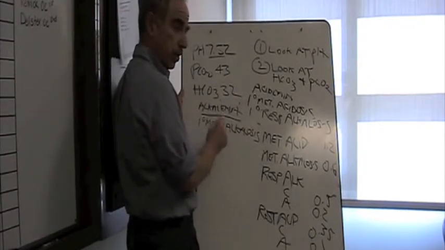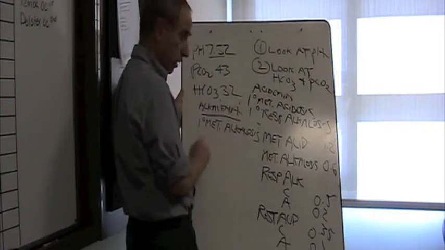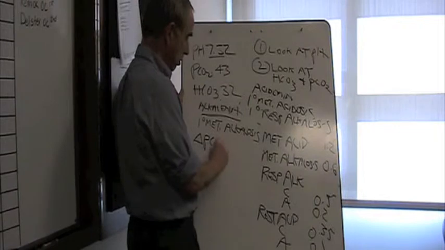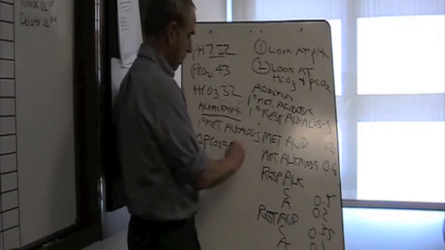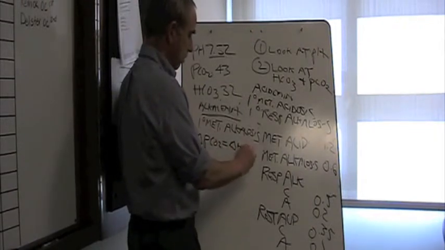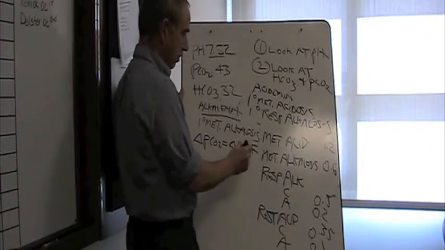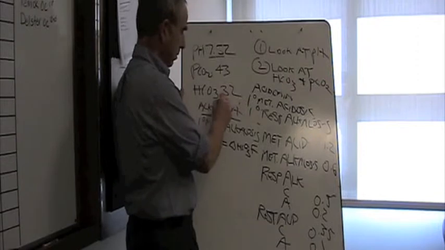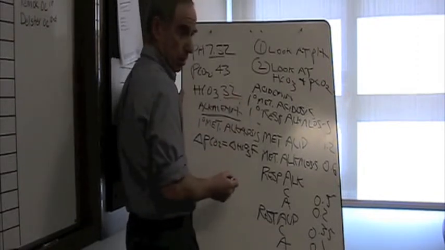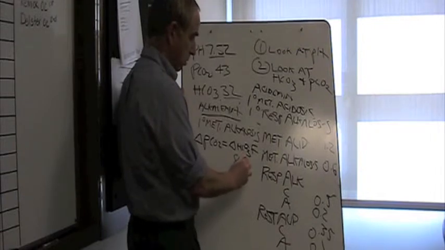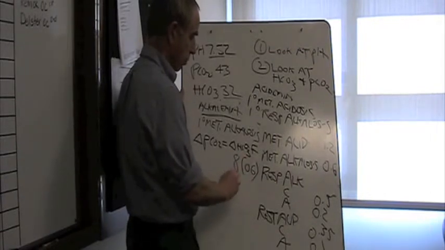Well, the question then is, is it appropriate compensation? So is it or not? You're looking for a change in the PCO2 equals the change in bicarb times the factor, for metabolic alkalosis. So the change in bicarb is 8, and the factor is 0.6. So this is 4.8.